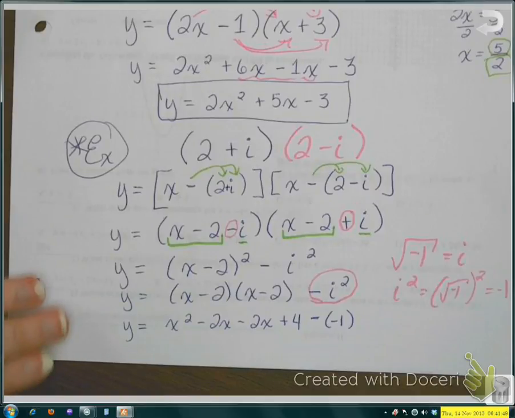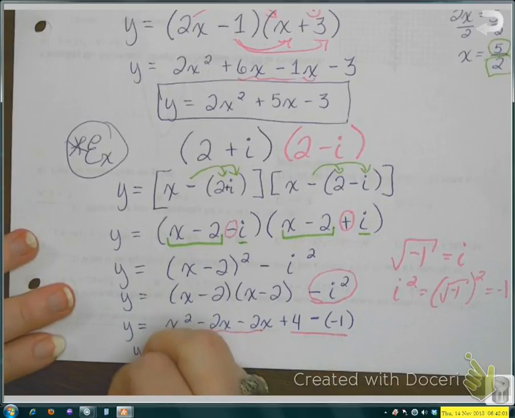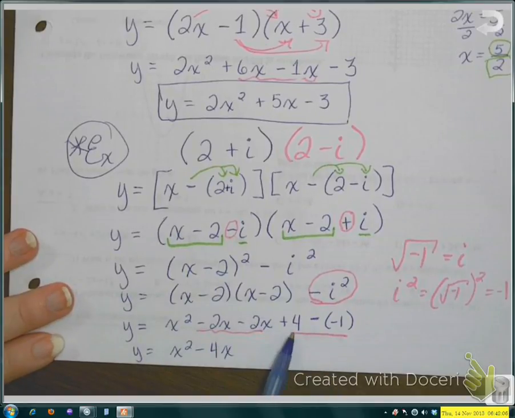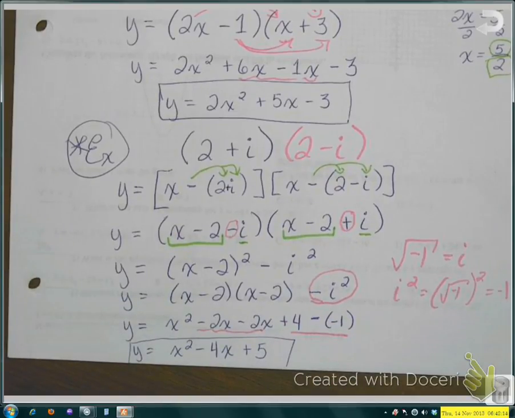When you subtract a negative 1, you're now adding. So when we combine our like terms, I have like terms here, like terms there. We get x squared minus 4x, and now I have 4 minus a negative 1, which is plus 5. And that would be my equation in standard form with a complex or imaginary root.